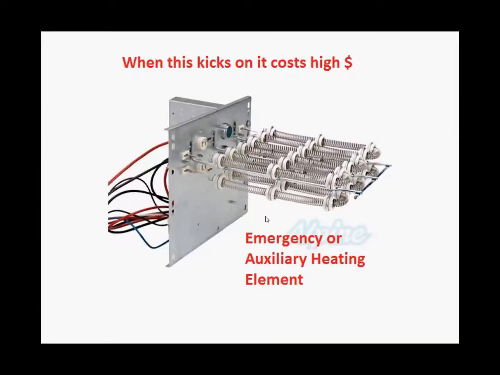Now this is the electric heating element. If you make a mistake and claim that it's a heat pump, it will only have this in an electric central air unit as your heat source. And anyone who knows what happens when they run their heat pump off of emergency heat knows their power bills are going to be outrageous.